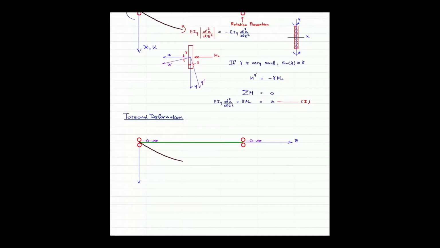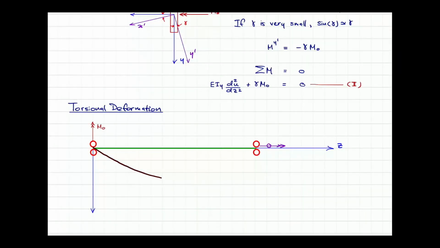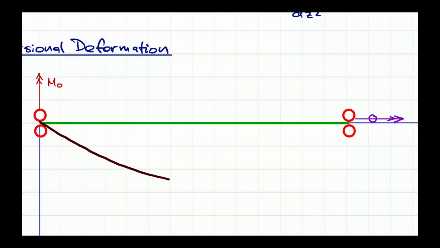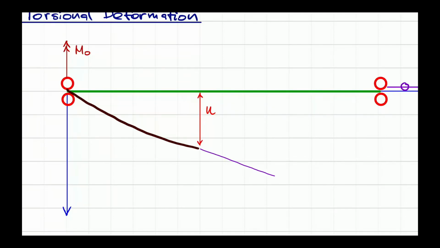For this one, as you can see, put the moment, this is what M naught over there, and you have the deformation, which is given by U, lateral deformation, and we can write down the local coordinates or local axis over here.